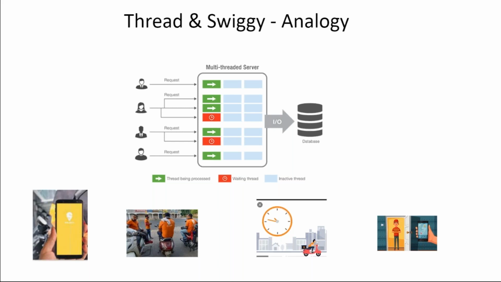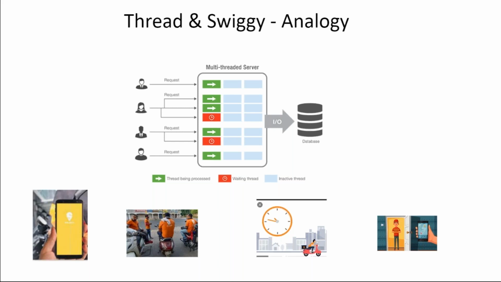Which means your application should be able to serve more users in parallel, or concurrently. That is where the concept of thread comes into the picture. There are going to be multiple threads which handle these multiple requests in parallel.